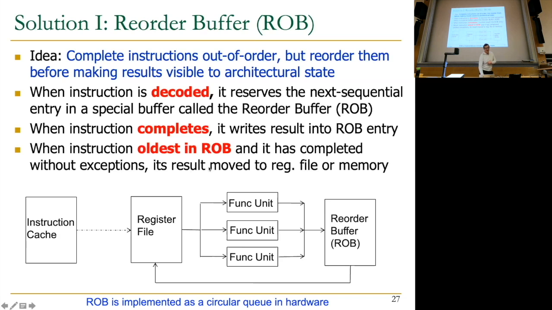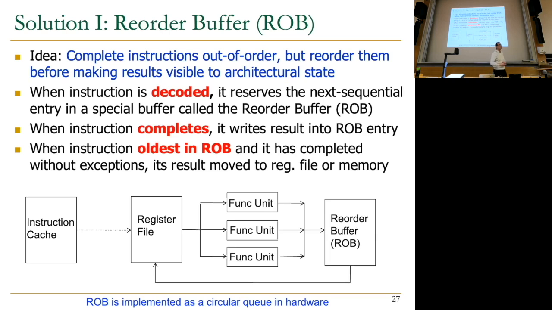Now, when an instruction is the oldest in the reorder buffer, and it has completed without exceptions, and you're not going to handle any interrupts at that point in time, the control logic moves the result of that instruction from the reorder buffer to the register file or memory. That's when you update the architectural state. So only the oldest instruction updates the architectural state.